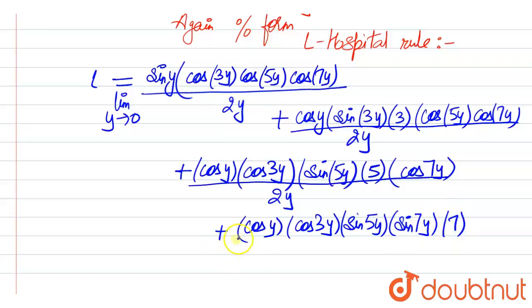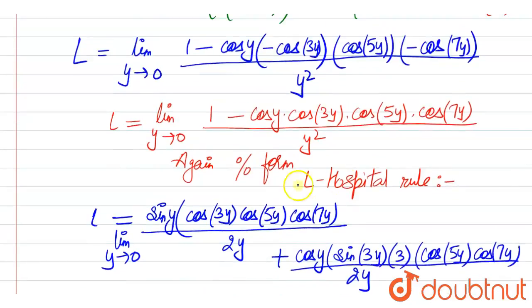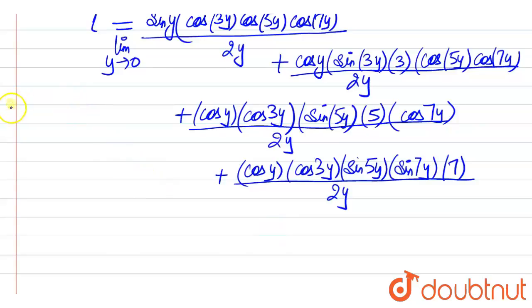Okay, the minus sign we have changed to plus. Okay, this is what we will get on differentiating the numerator and denominator with respect to y. Now we know that limit y approaches 0, sine of y divided by y is equal to 1.